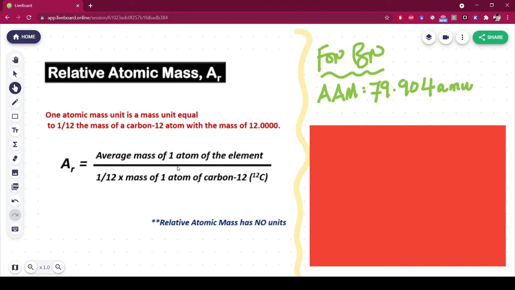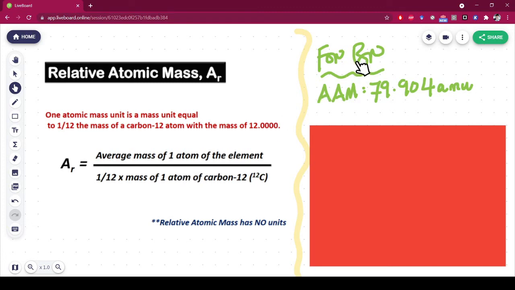So this is the basic on how you need to know how to change average atomic mass into relative atomic mass. Again, I repeat, relative atomic mass has no units, and that can be proven through this formula over here.